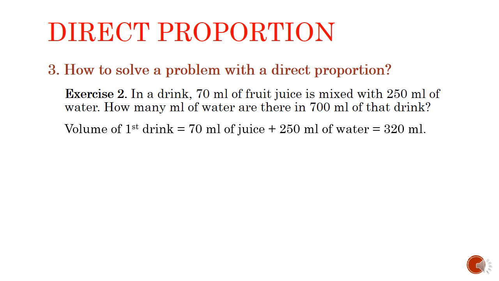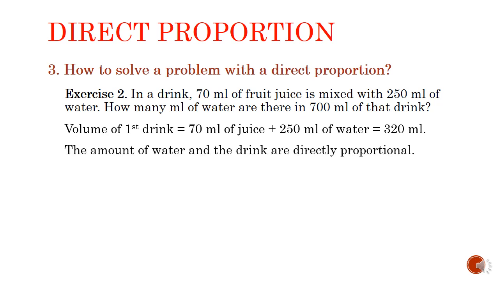We know that 250 milliliters of water can be used to make 320 milliliters of the drink. Furthermore, the amount of water and the drink in this case are directly proportional.